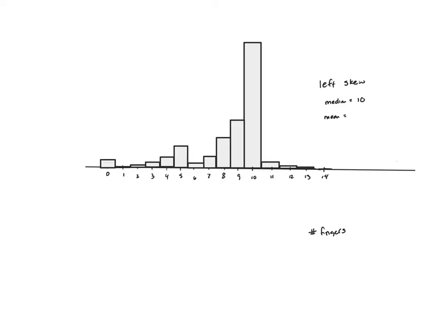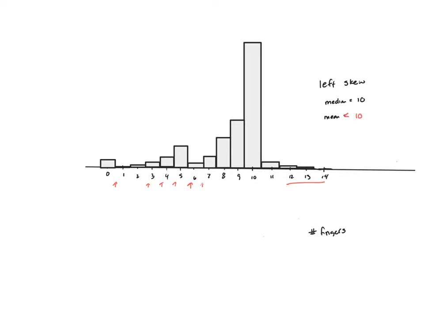Remember, the mean is calculated by adding up all my observations and dividing by the number of people. And I can see, based on my histogram, that I'm going to be adding in 0s, 2s, 1s, 3s, 4s, 5s, 6s, and 7s, 8s, and 9s, a lot more than any of the numbers over here. So when I add these all up and divide them, my mean, while I don't know exactly what it's going to be, is probably going to be less than 10.